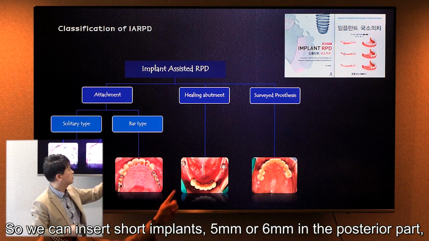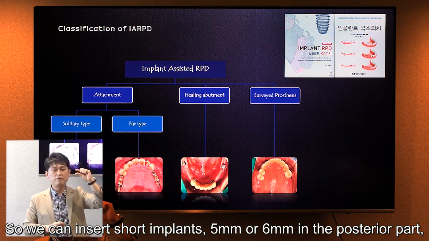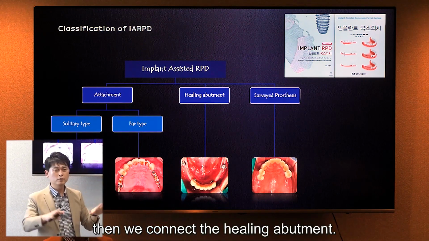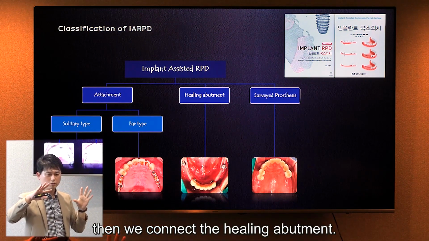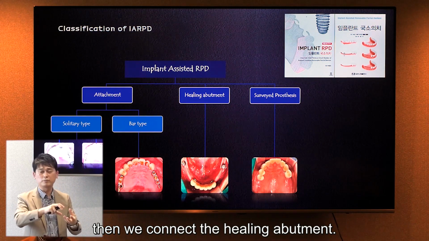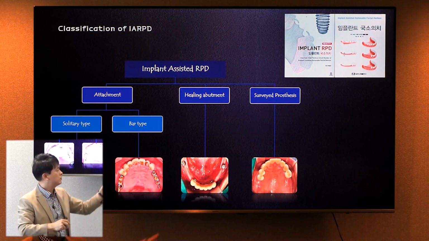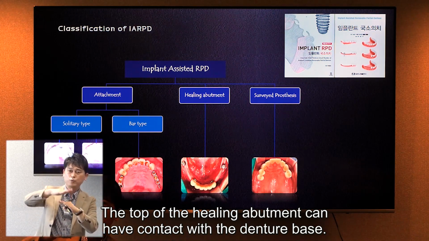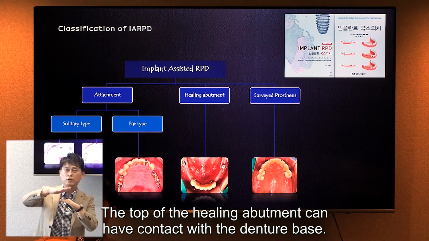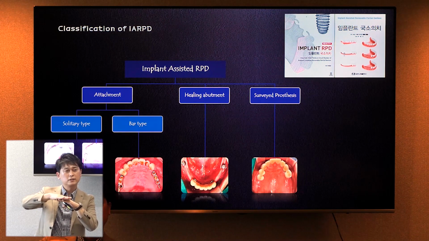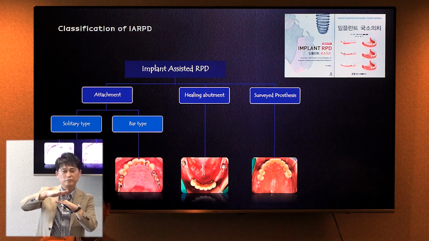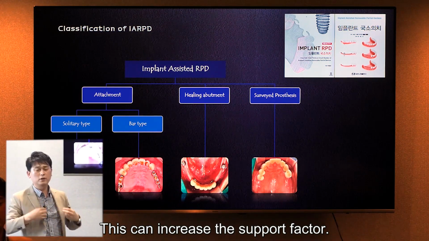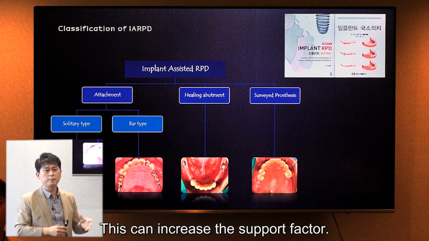So we can insert a short implant, a 5 or 6 millimeter implant, in the posterior part, and then connect the healing abutment. The top of the healing abutment can be in contact with the denture base. Okay, so this can increase the support factor.